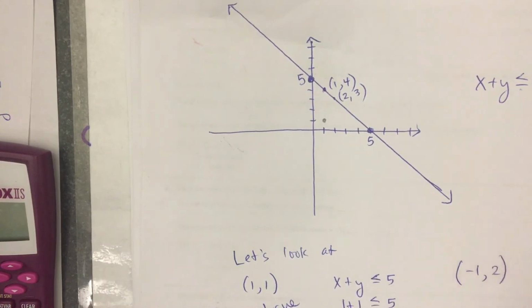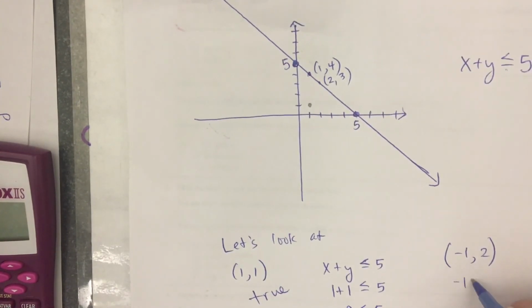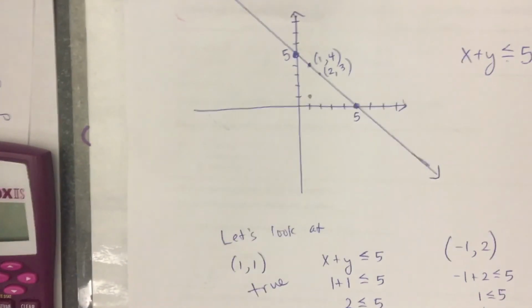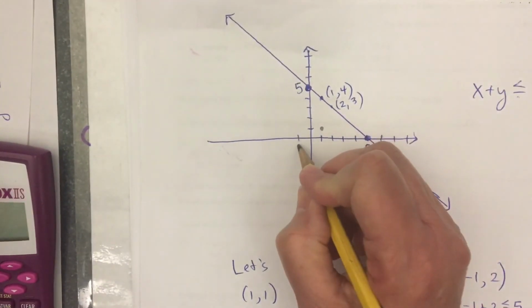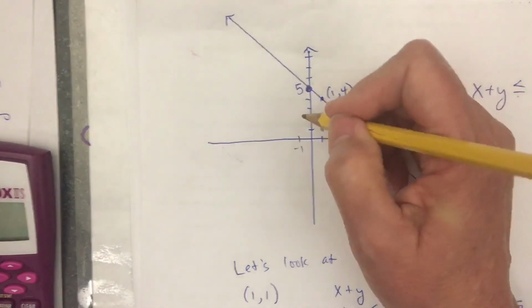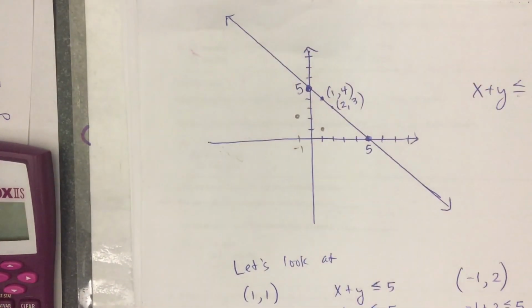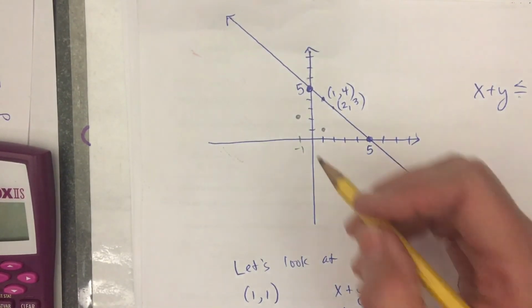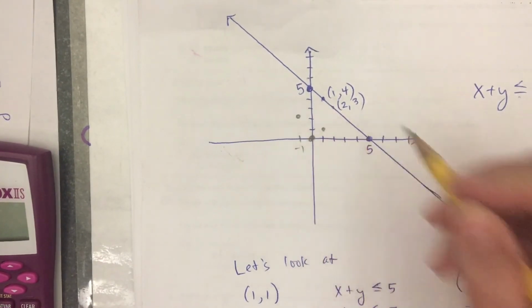Let's check -1, 2. -1 plus 2, is it less than or equal to 5? 1 is less than or equal to 5. That's true. -1, 2 is right there. What about 0, 0? 0 plus 0 is 0, that's less than 5.